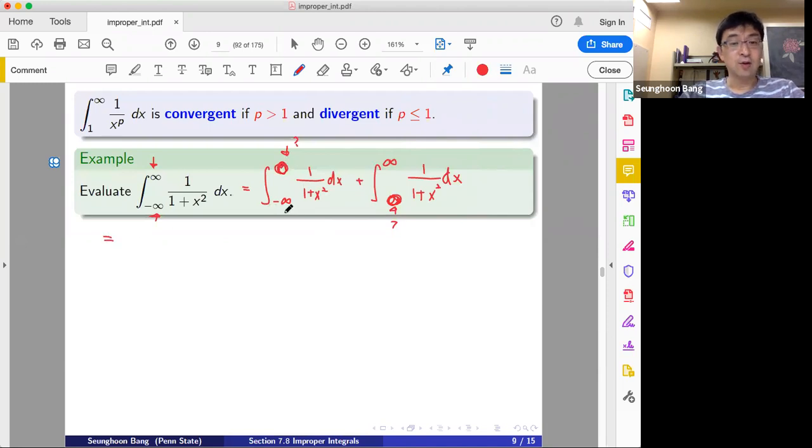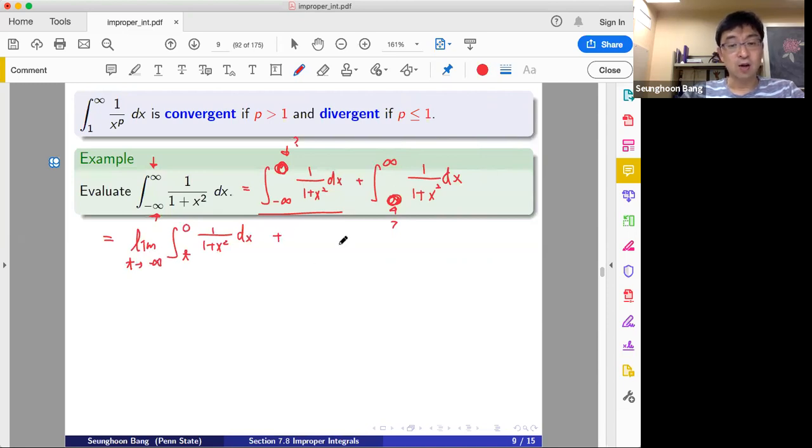So how can you calculate this one? In the integral from, you can replace minus infinity by t, to 0, 1 over 1 plus x squared dx. Take the limit as t approaches minus infinity.